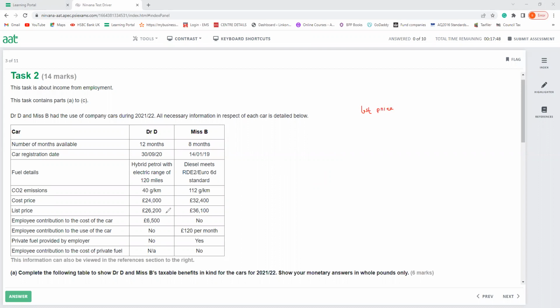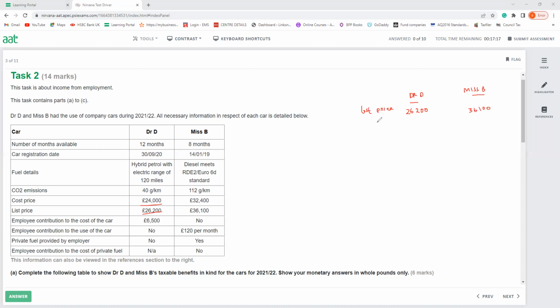And the list price for the Dr. D is 26,200. That's for Dr. D. And we have Miss B as well. And the list price for that is 36,100.